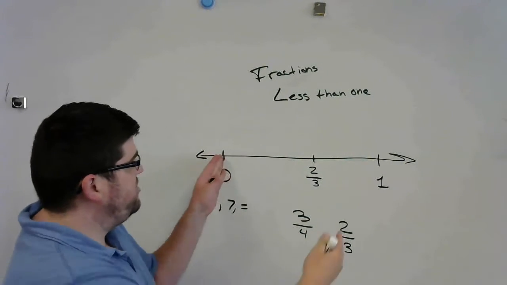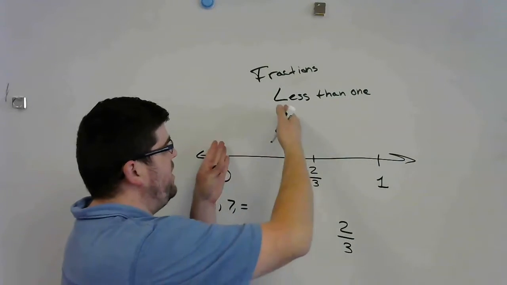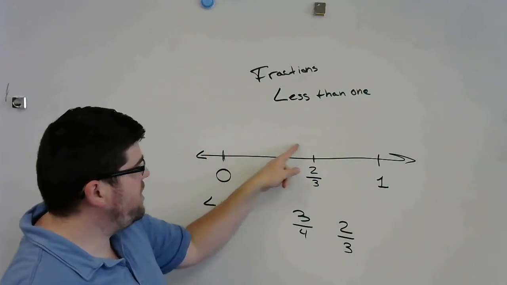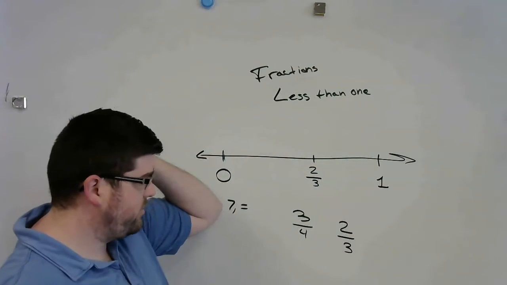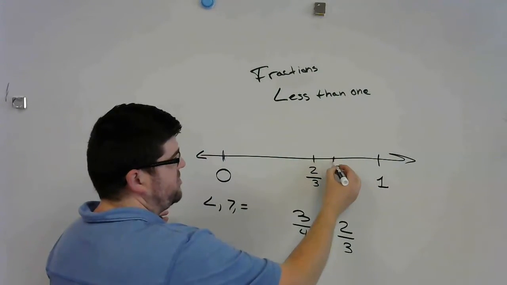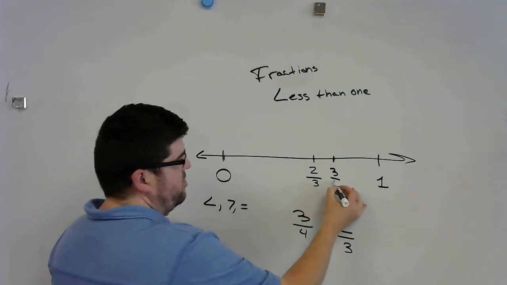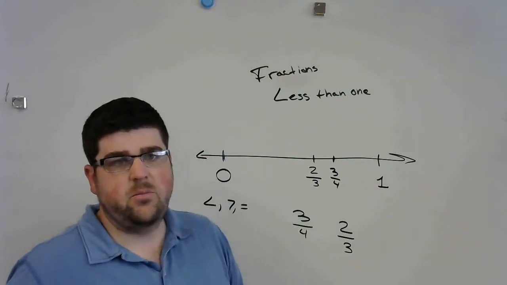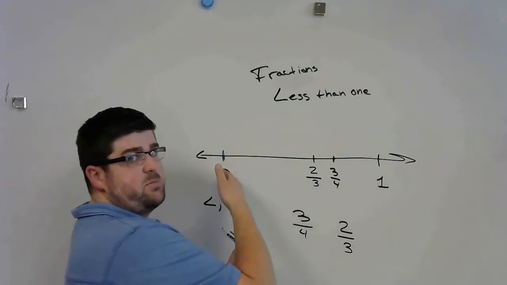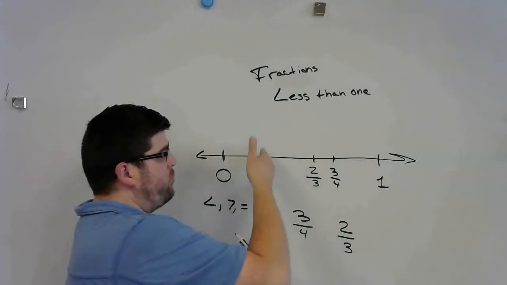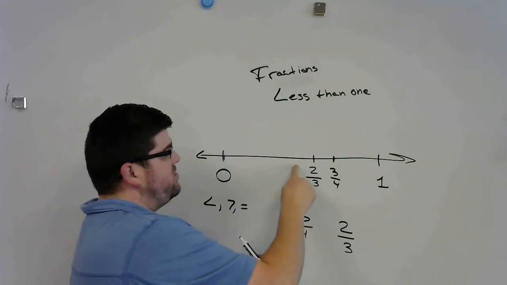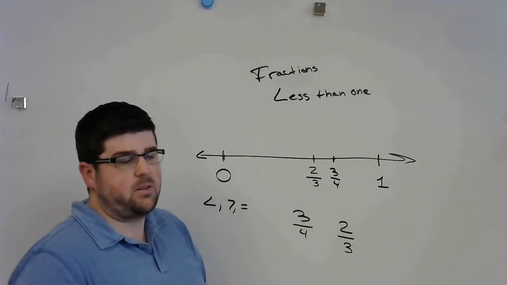If we took this line from 0 to 1 and spaced it into 3 equal chunks, this would be about the distance for 2 of those chunks. And we also want to find 3/4 of the number line. So 3/4 is going to be right about there. 3/4 is just a little teeny tiny bit bigger than 2/3. And again, if we broke the space from 0 to 1 up into 4 chunks, this would be 1, and then 2, and then 3/4 would be about right there.